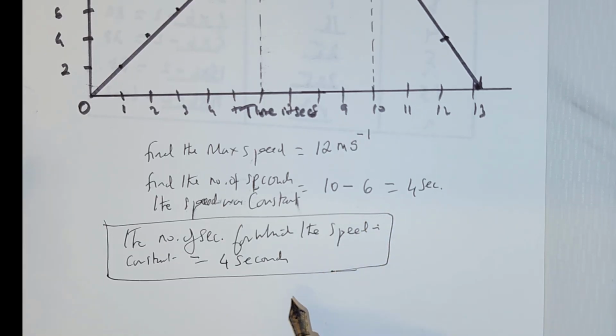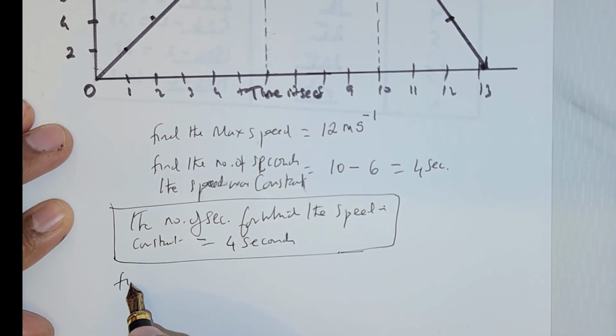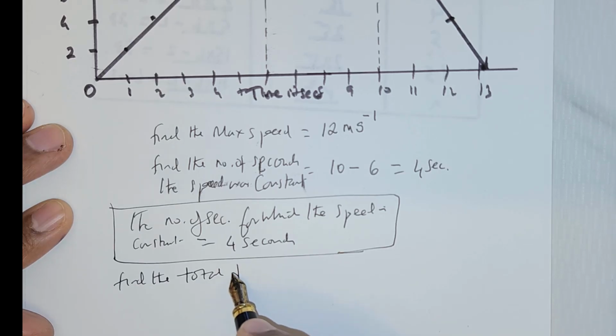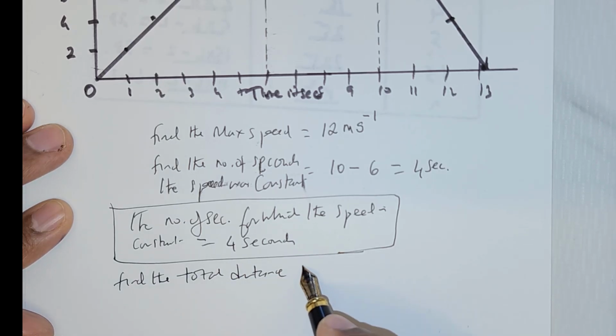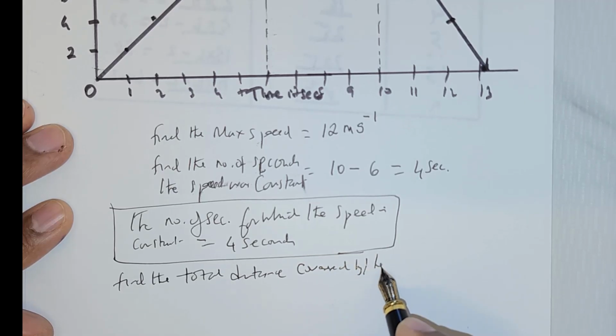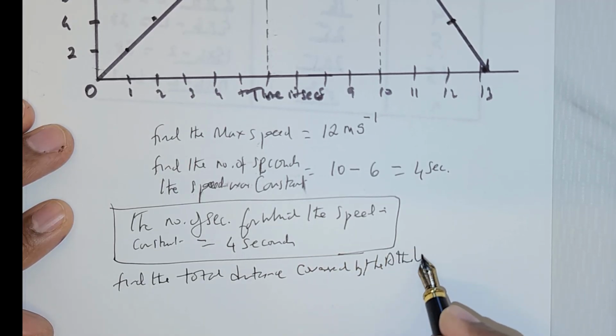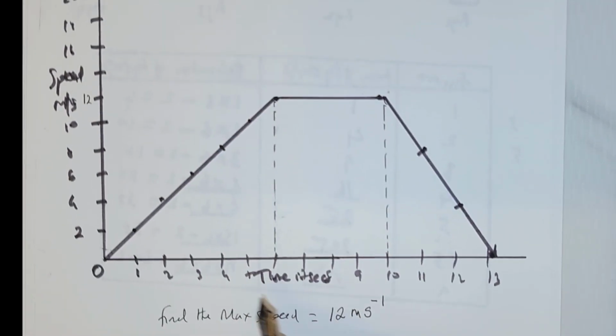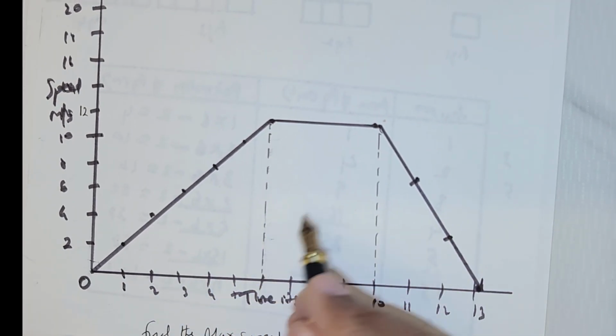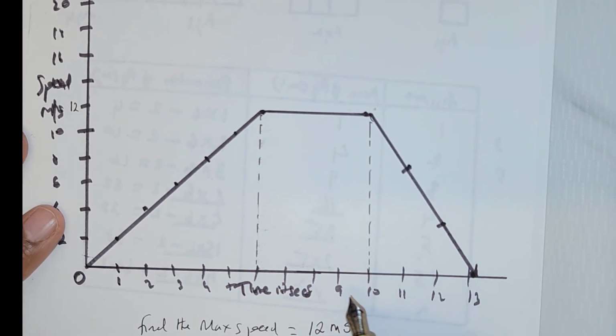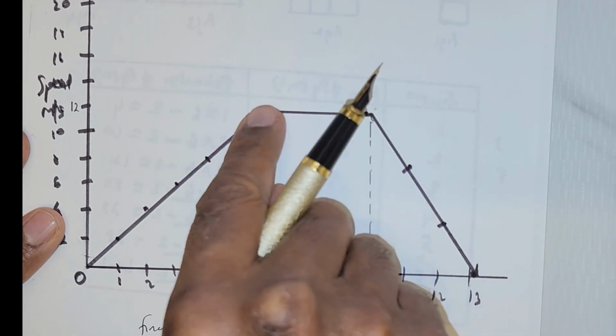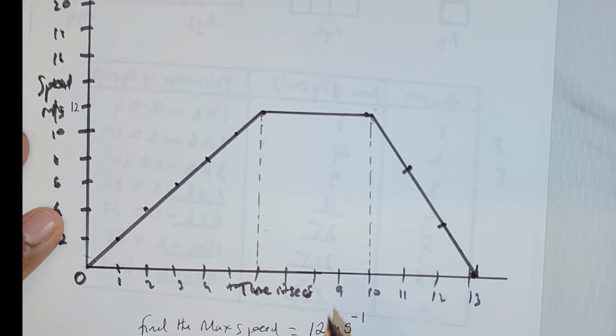Now next they are asking find the total distance covered by the athlete. Now you see this shape. This shape is a shape of a trapezoid. You have a base 1, base 2, and you have the height.